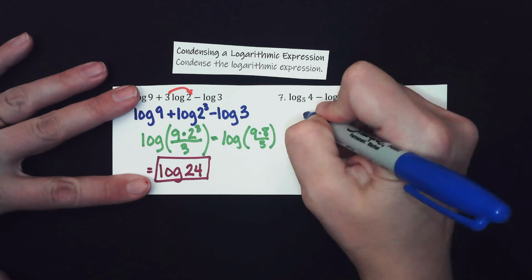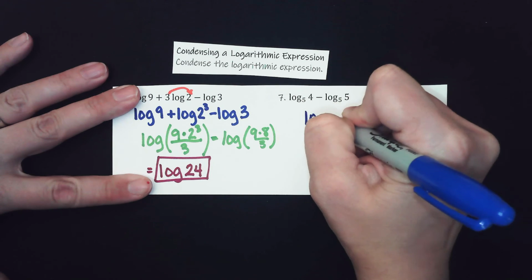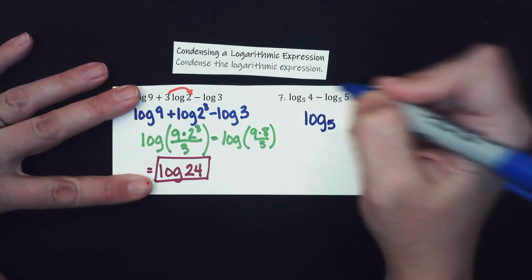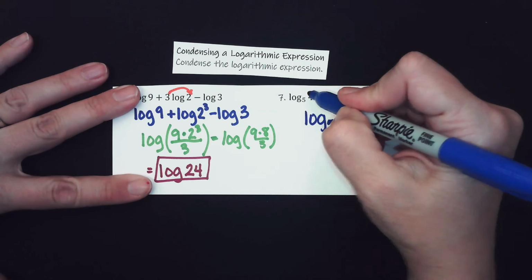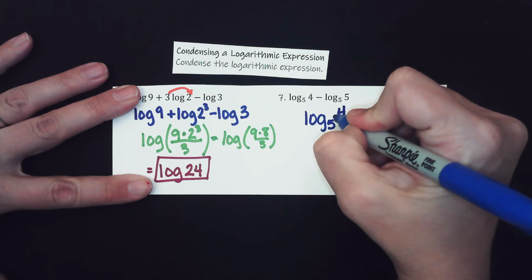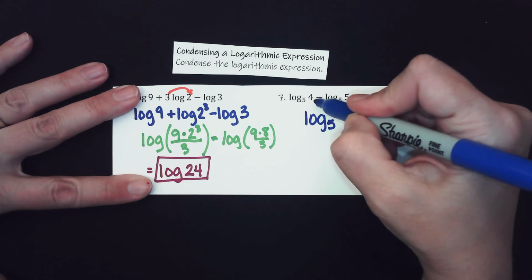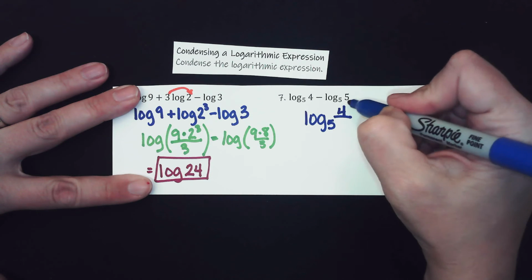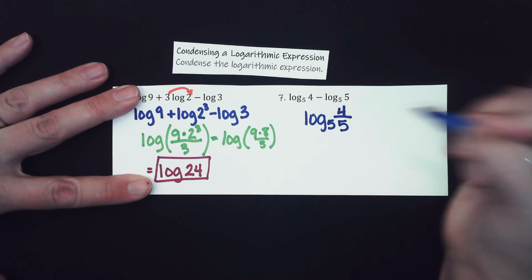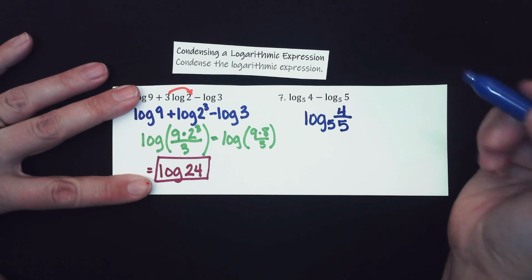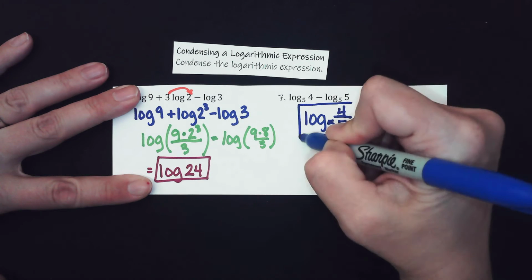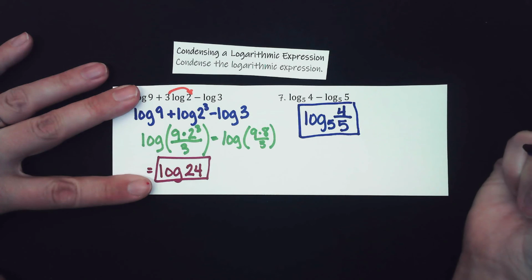Okay, so I'm going to have log base 5, the numerator is the first one, divided by is what I put when I see that minus, and then the inside of the log of the other. So it's log base 5 of 4/5. And that one's actually finished.